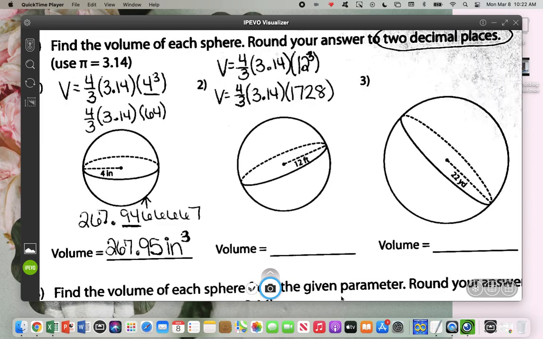Make sure you go left to right. So 4/3, we're going to type in 4 divided by 3. Then we're going to take that answer times 3.14. And then we're going to take that answer times 1,728. And on this one, you will get a decimal.